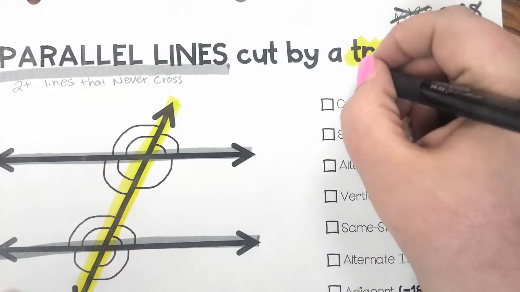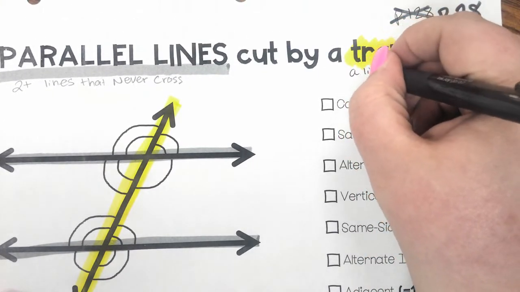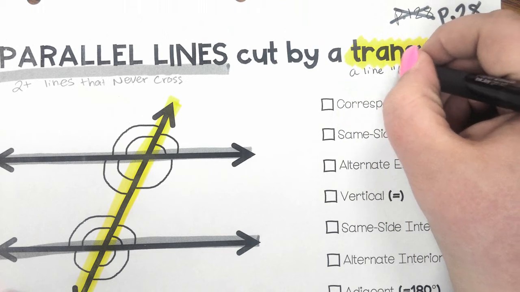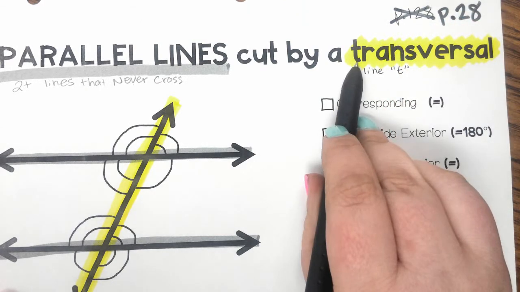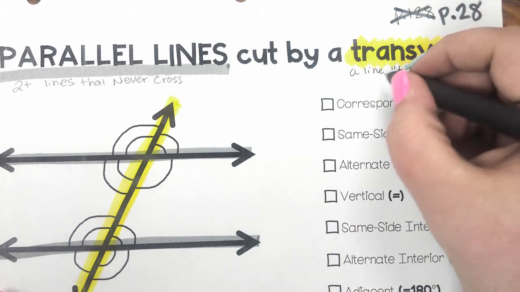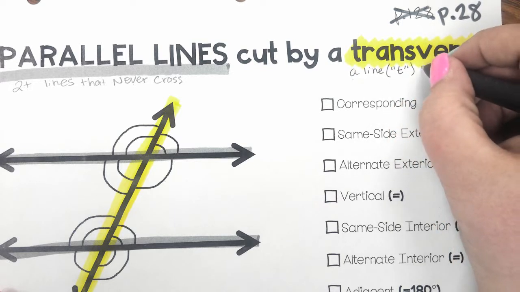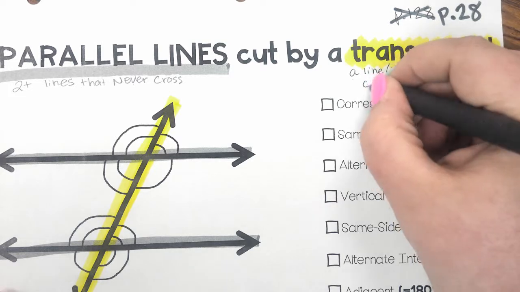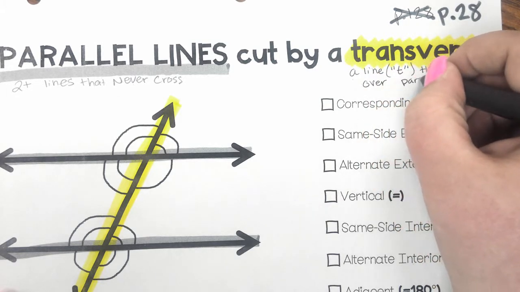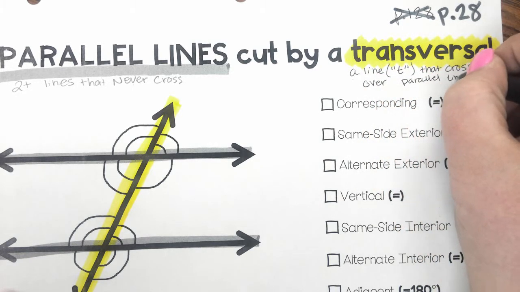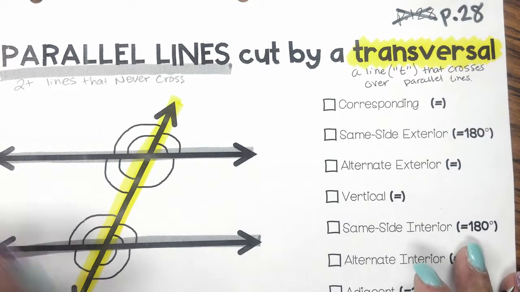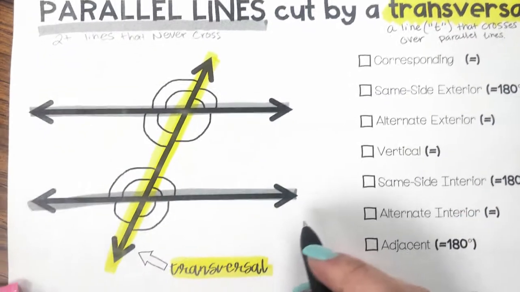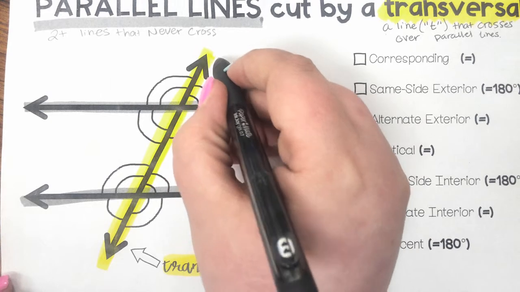A transversal is just some line, often we call that line T, because transversal starts with T, that crosses over parallel lines. So I'll go ahead and also label the transversal as T.